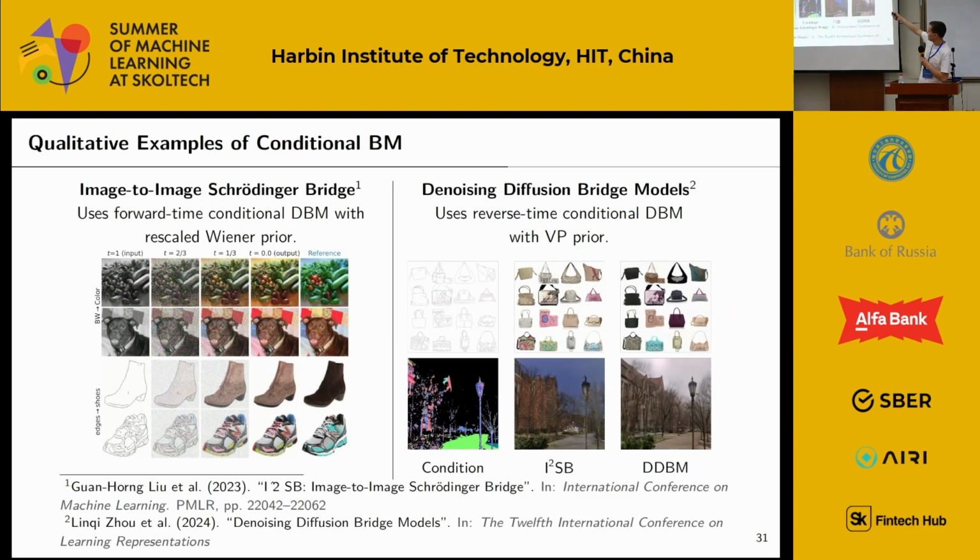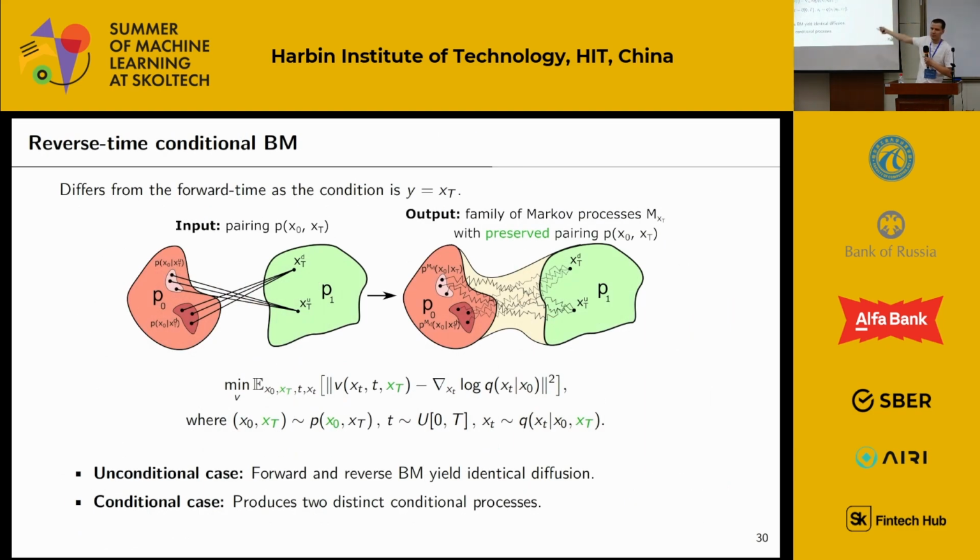Here you learn diffusions which are conditioned on the endpoint. So while in the unconditional case, forward and reverse Markovian projections are essentially the same process, just in forward and backward time, here these are two different families of processes. One family is a family of processes in forward time conditioned on input points. Another family is a family of reverse diffusions conditioned on samples from the target domain.